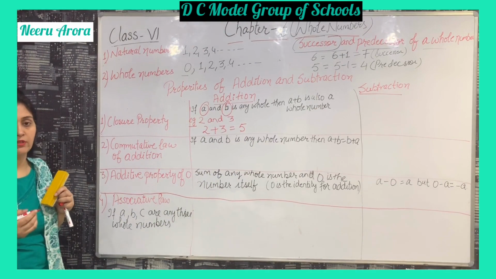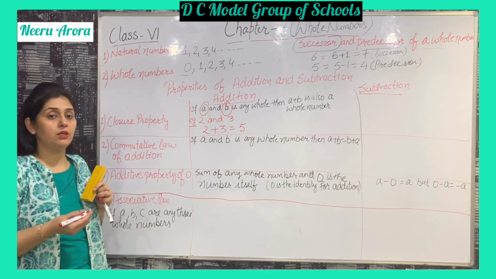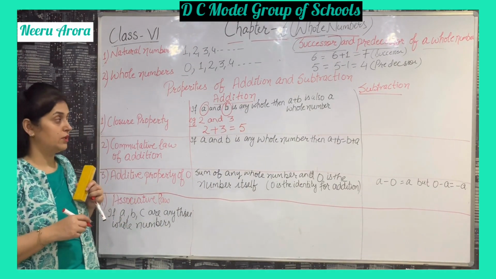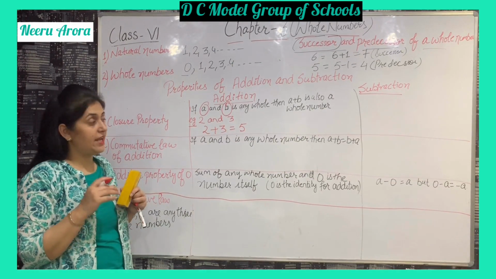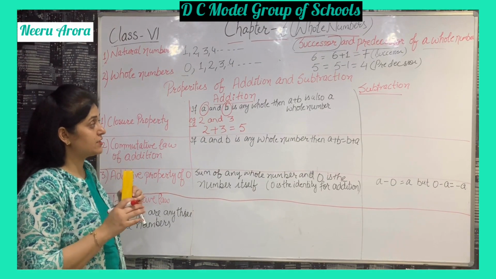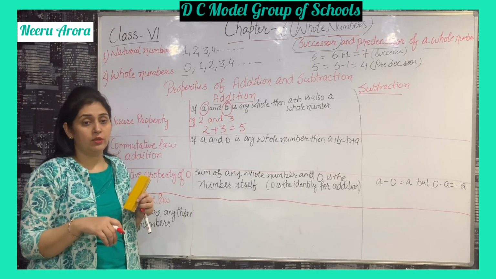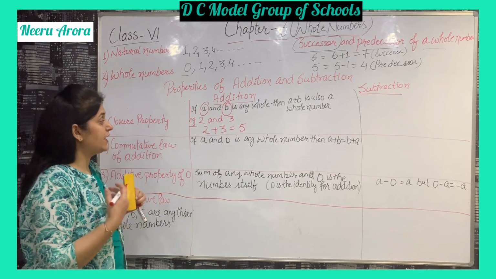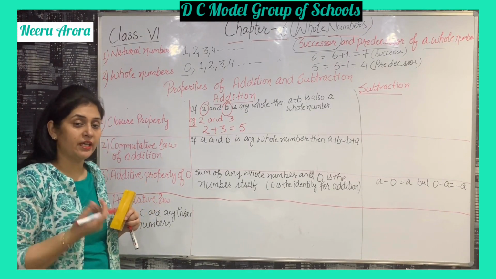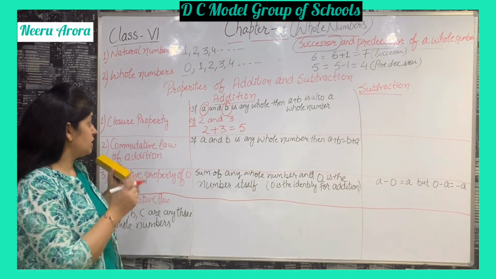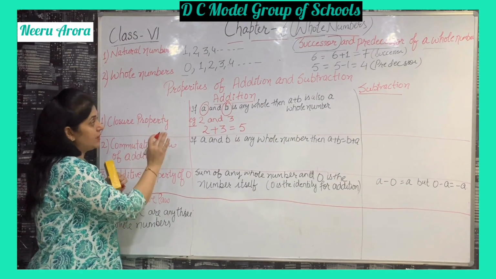Yes, 5. 5 is also a whole number. So what is the property? If a and b are any whole numbers, then their sum is also a whole number. If you take any two whole numbers and find their sum, you will again get a whole number. So this property exists in addition.